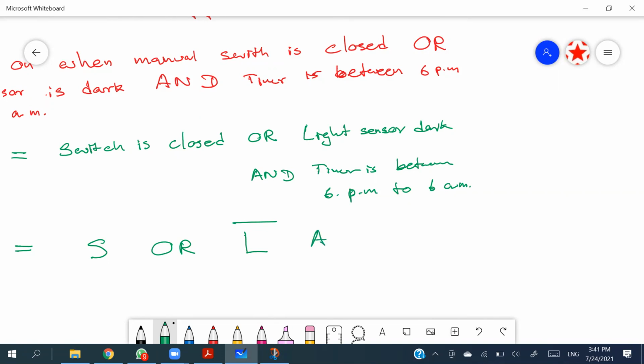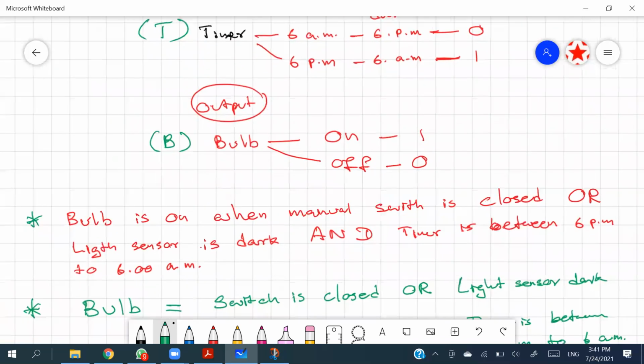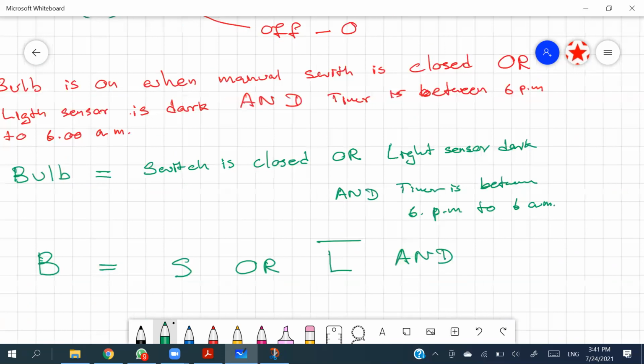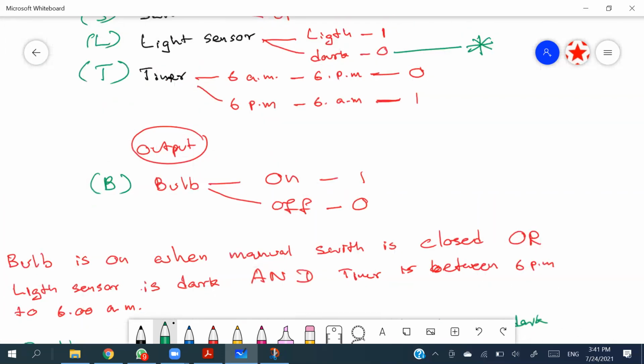And only a dark environment does not turn on the light. With that, we need the timer between 6 p.m. to 6 a.m., that is 1, so we take the timer as it is.